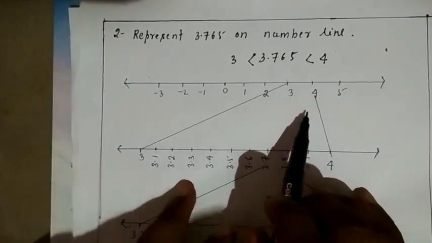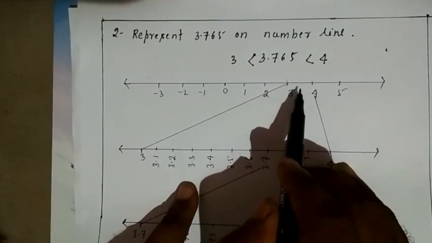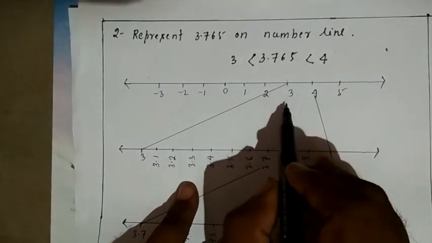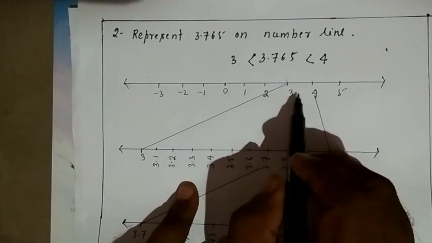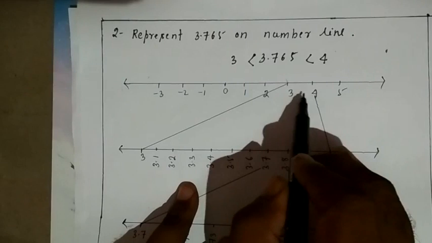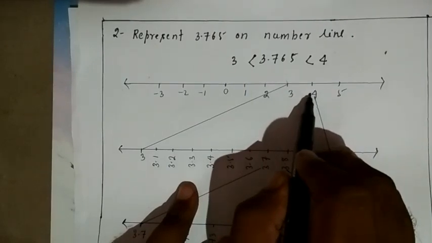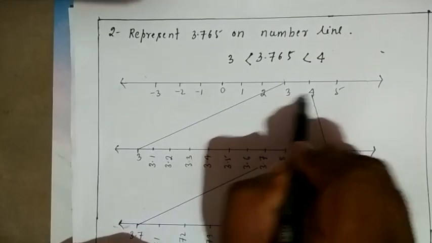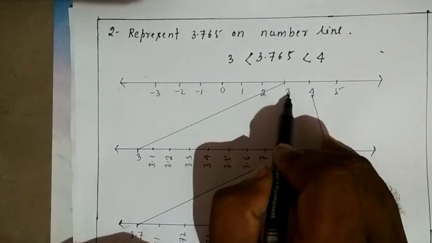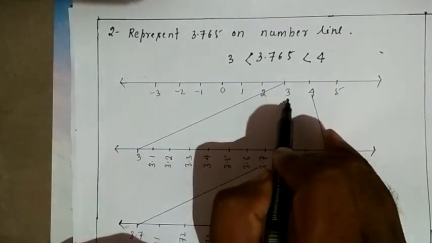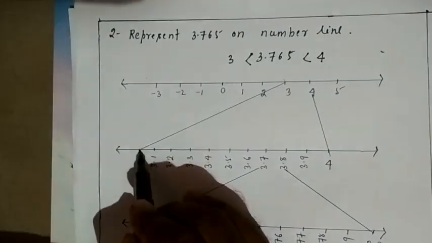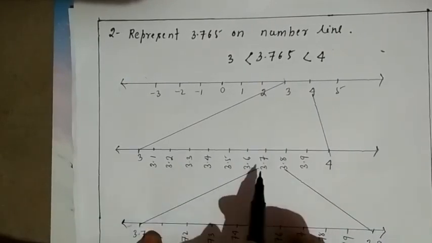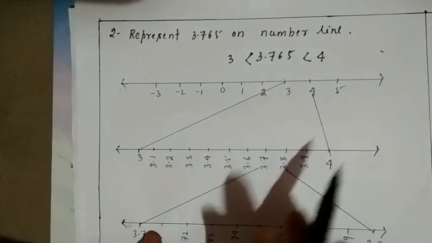Now we will magnify. We will look closely at the portion between 3 and 4 using a magnifying glass. If we look closely at the portion between 3 and 4, you will observe that in between 3 and 4 there are 10 equal divisions or 10 equal parts.